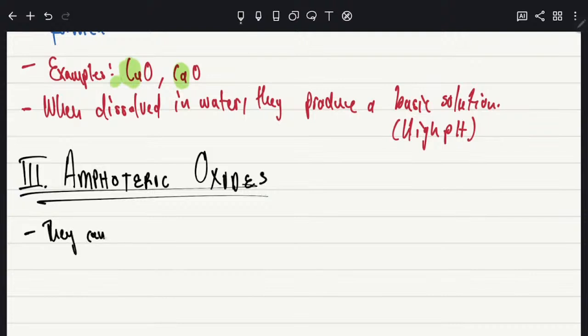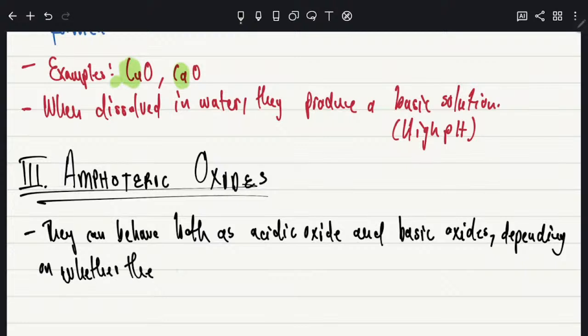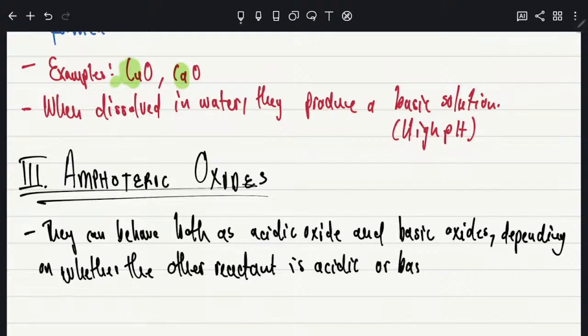Amphoteric oxides can behave both as acidic oxides and basic oxides, depending on whether the other reactant they are reacting with is acidic or basic.